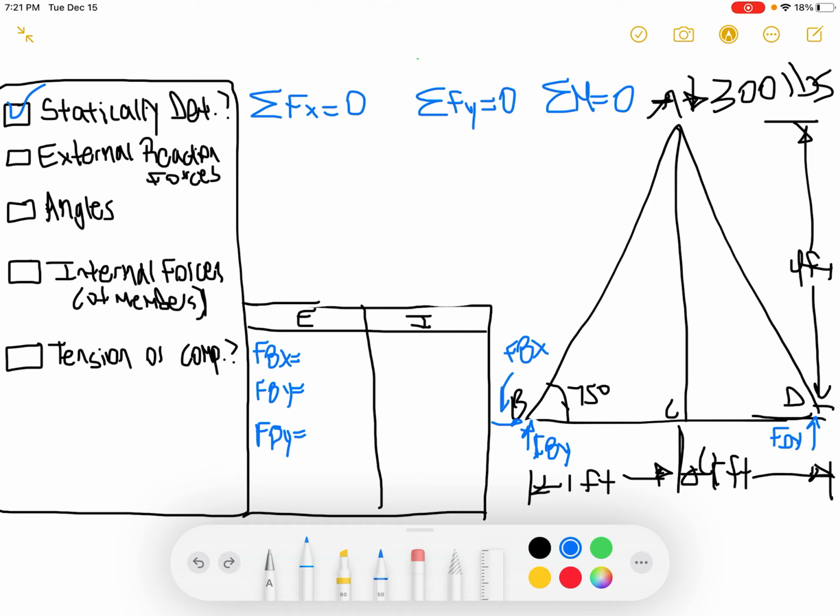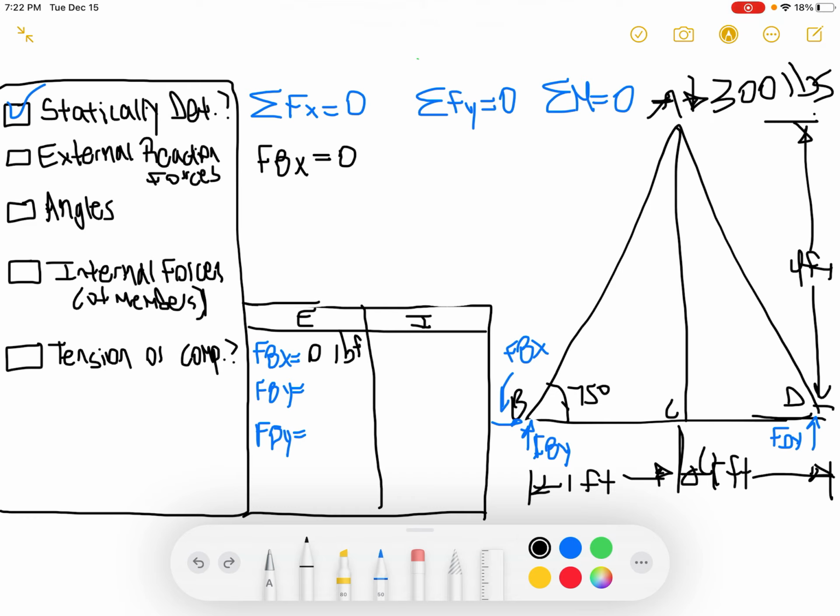What are the x forces? The only x force we have is this one, FBX. So FBX must equal 0. That's easy. We already found that one. And it will be pounds of force. Why? Because of that up there, that unit.